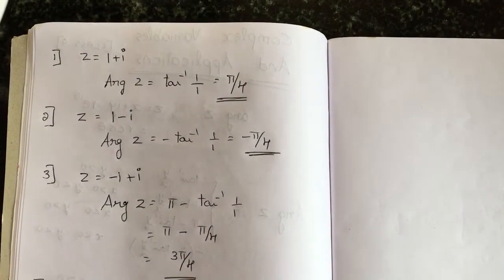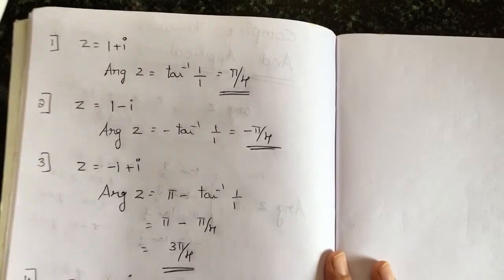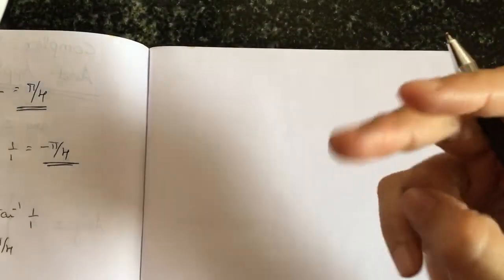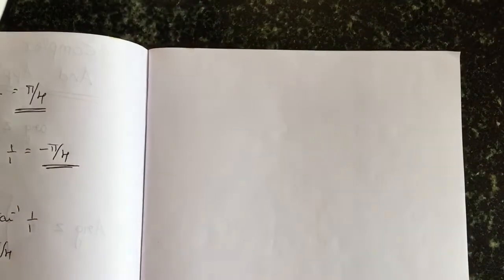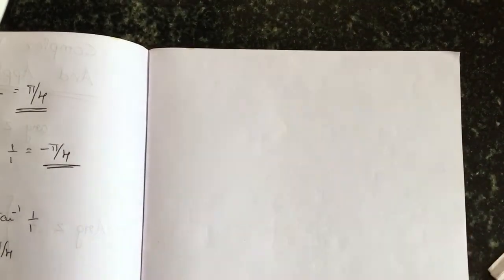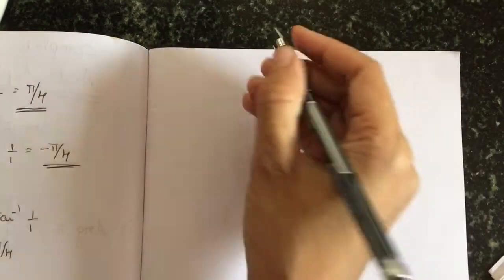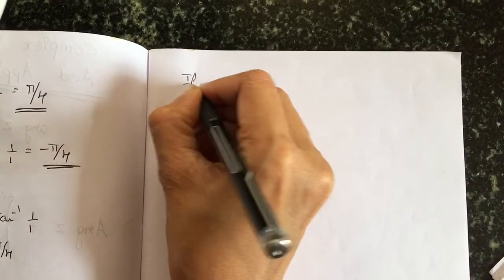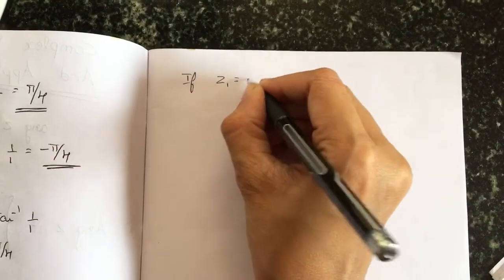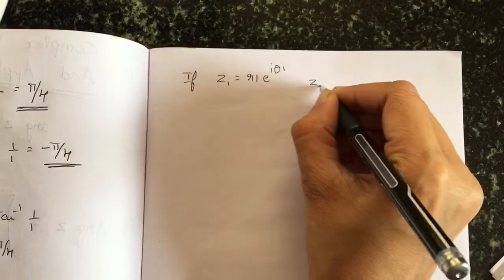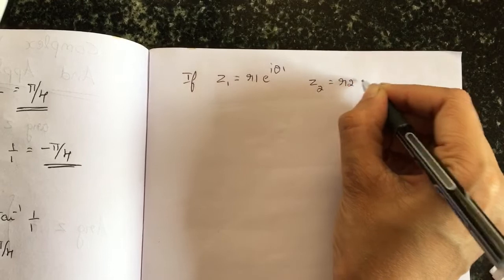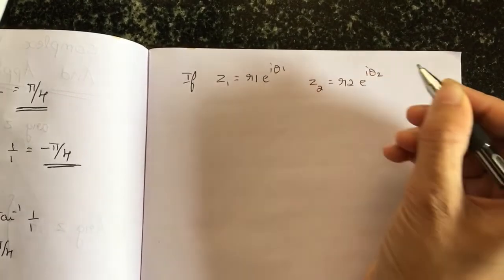Now what happens to the argument of z when I multiply two complex numbers? Say z1 equal to r1 e power i theta 1 and z2 equal to r2 e power i theta 2.